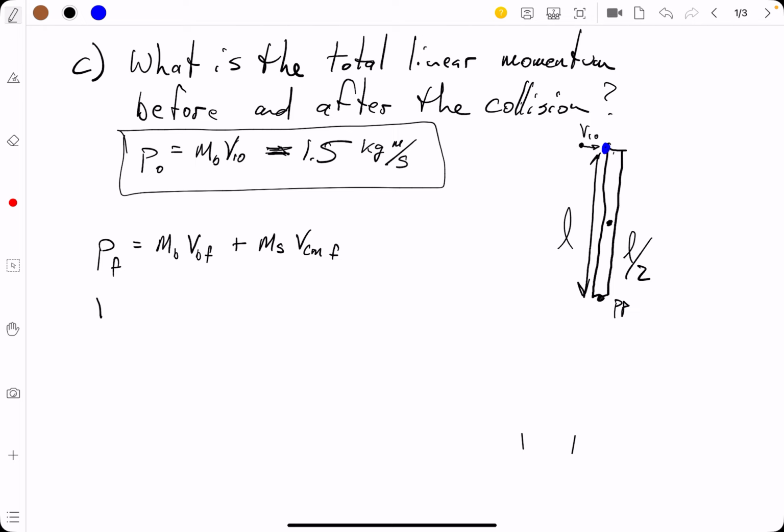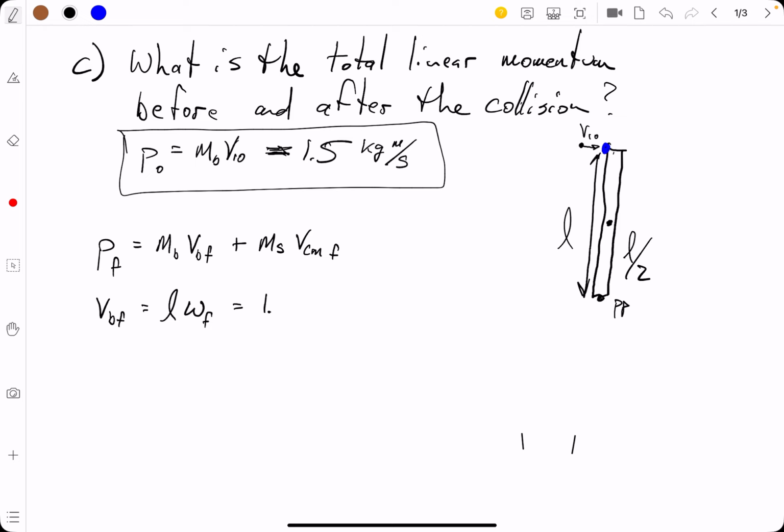For instance, VBF, the velocity finally. Well, the length times omega finally. That's straightforward, right? And we can do that. We know what omega final was.